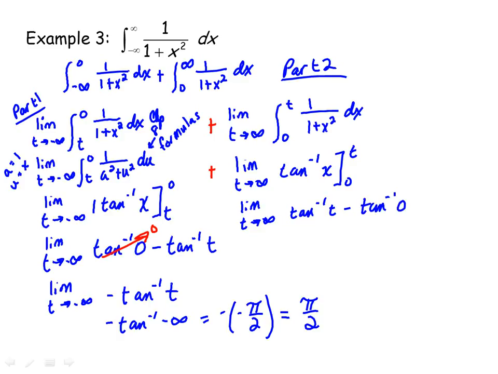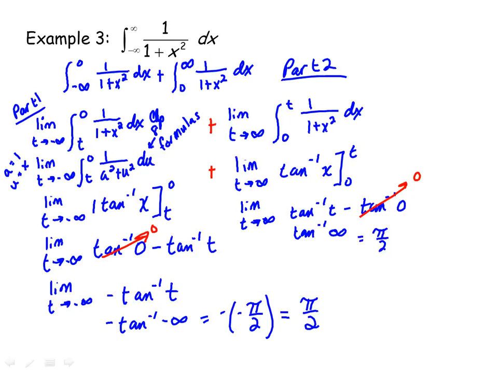We know that this goes to 0, right? So now what we have is tangent inverse of infinity. If we go back to that picture on page 429, as your tangent inverse goes to positive infinity, what are we reaching? You're going to reach pi over 2.